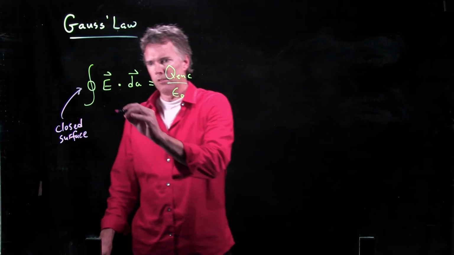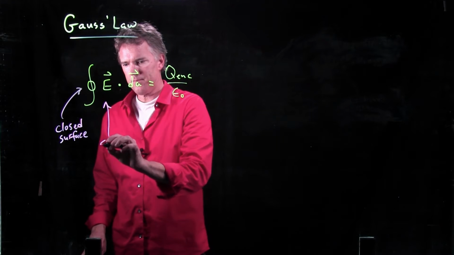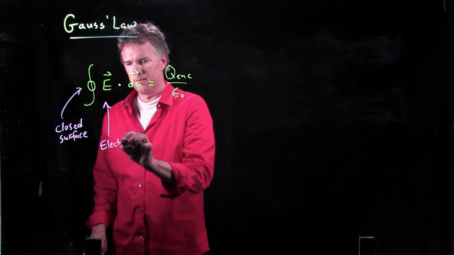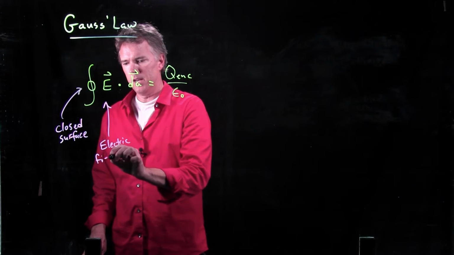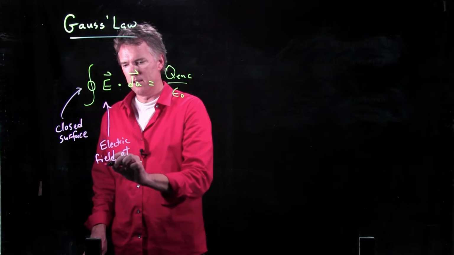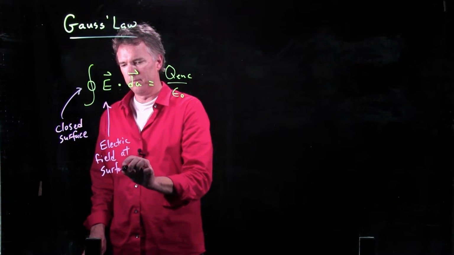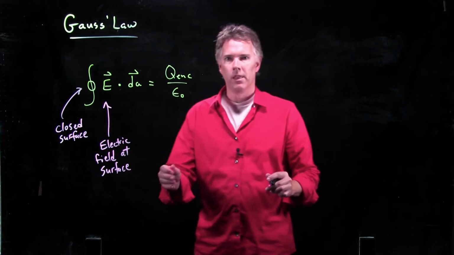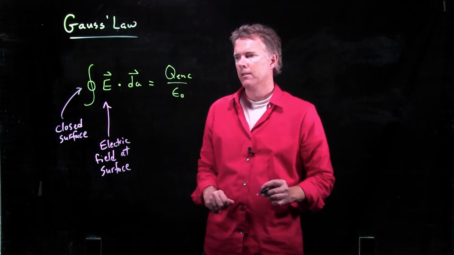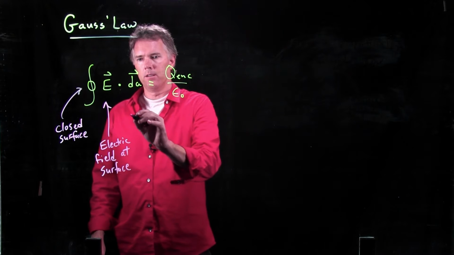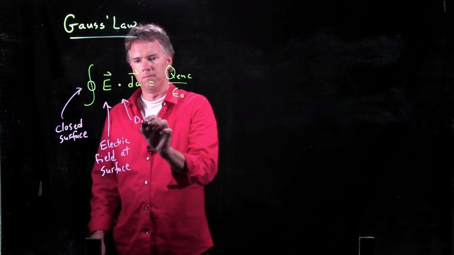E, of course, is the electric field, but it is the electric field at the surface of that closed surface. Okay? Dot product, we know what that is.